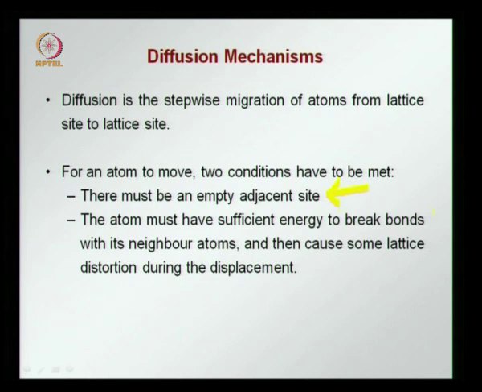The atom should also have sufficient energy, this can come due to stress being applied, heat being applied. The atom must have sufficient energy to break the bonds that are keeping it in its place. It has to break the bonds with its neighbor atoms, cause some lattice distortion and move to the new site. So, these are the two conditions which have to be met.